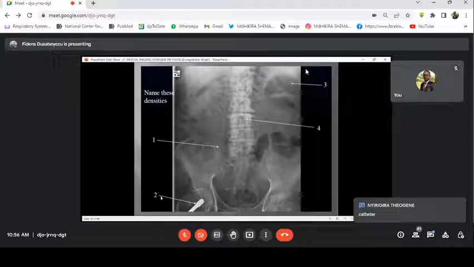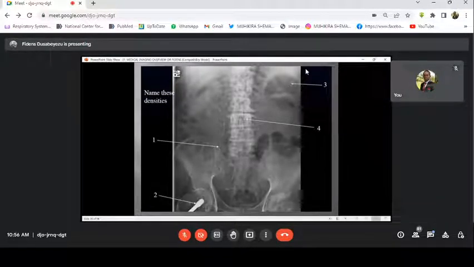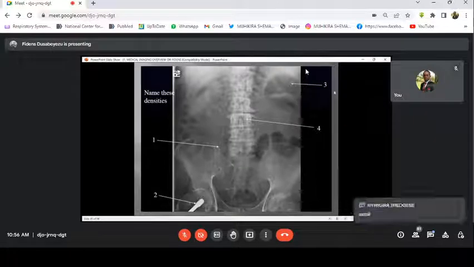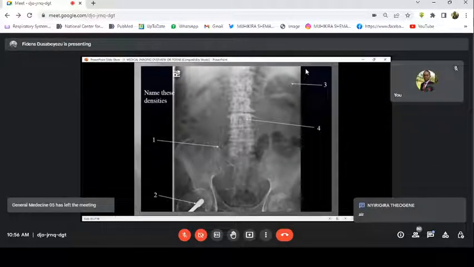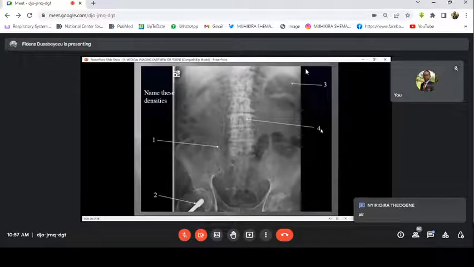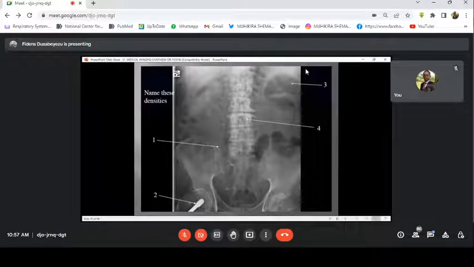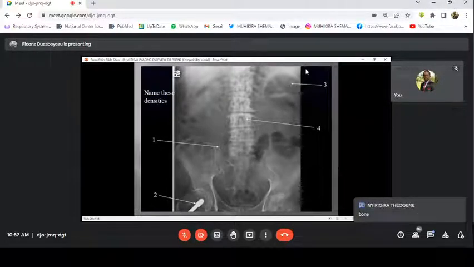You are right. Number 2: white, metal. It's very white. Number 3: soft tissue again? Gray. It's fat. It is air. That's air, in the stomach, by the way. And number 4: just black. It's a bone. Number 4, it's off white. It's bone.